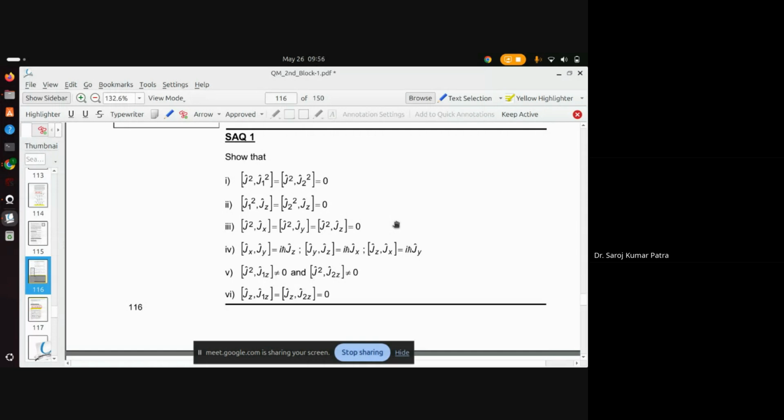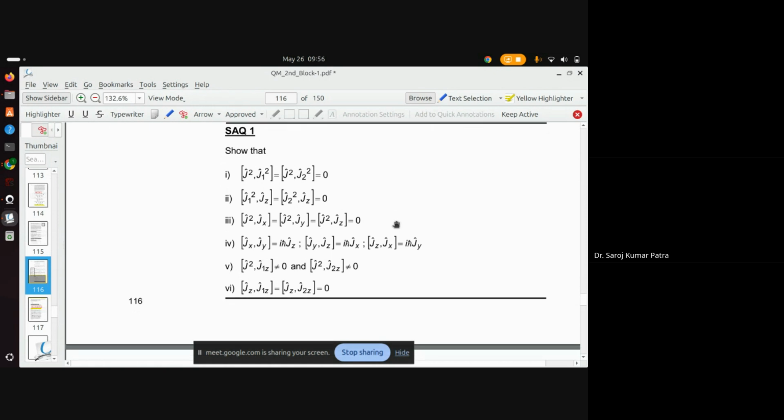With one thing in mind, that as I said, if the commutator bracket is 0, that means we can determine both the observables simultaneously. If the commutator bracket is not 0, then we cannot determine both of the observables simultaneously.